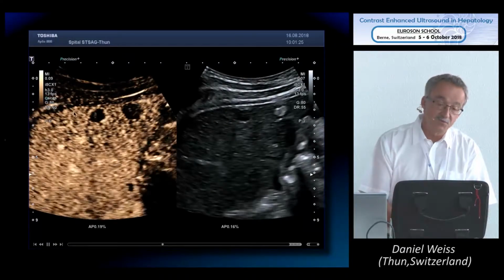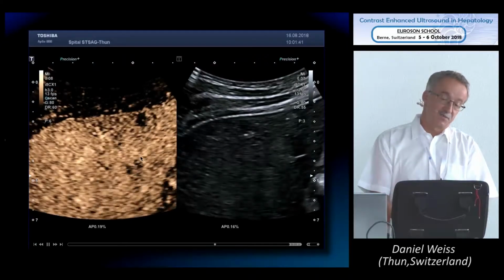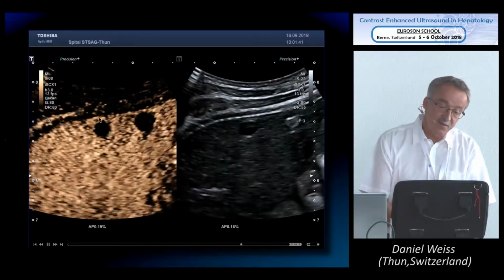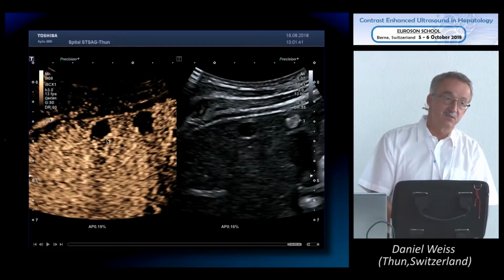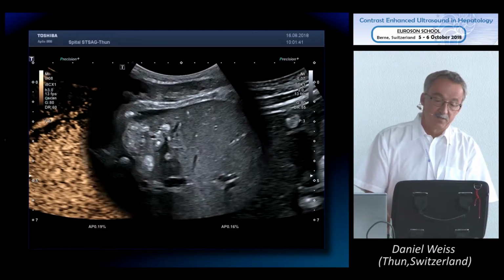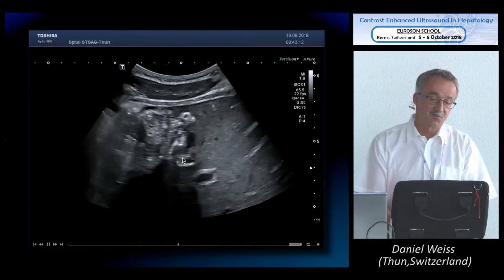You can suspect it, you can just look at these margins and look for the infiltration, and then of course you do a serology, and maybe this is the other part of the liver, looks like this. Strange.